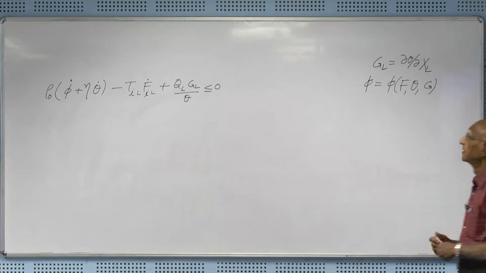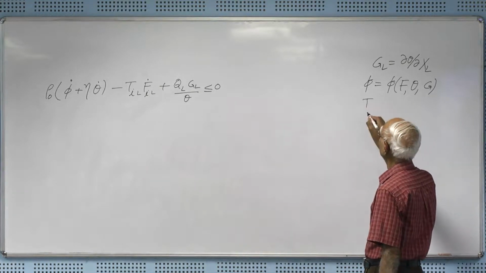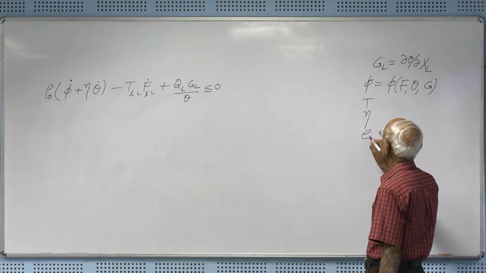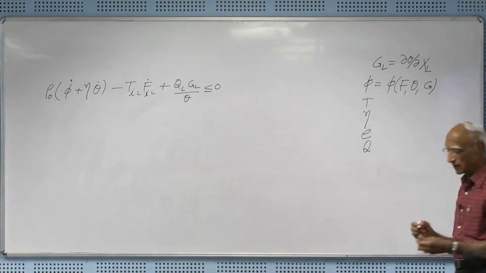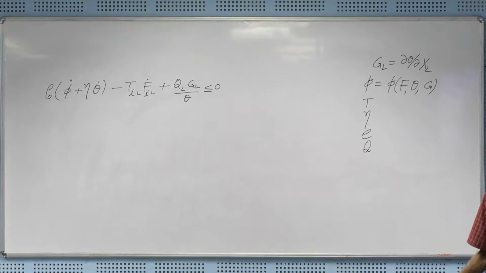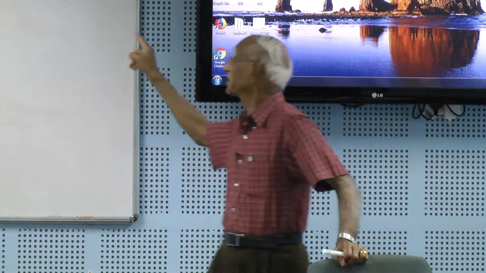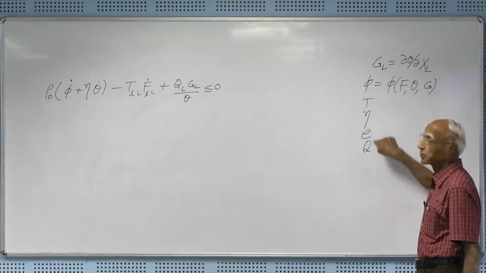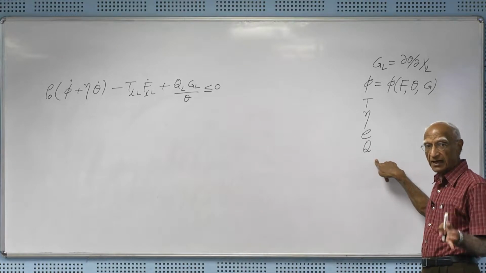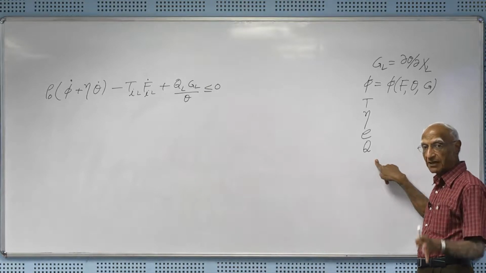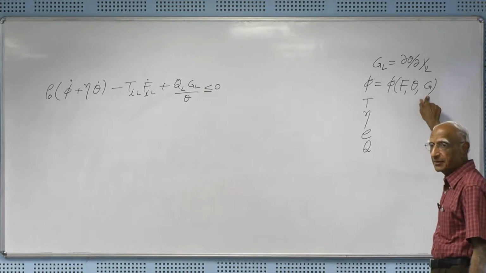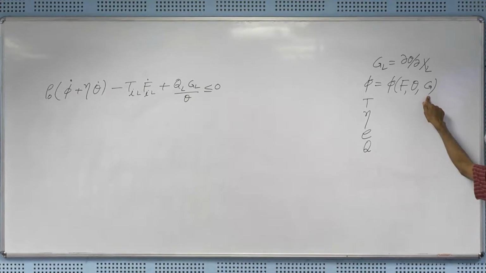So phi, T, eta, energy and Q, all of these depend upon the present values of the deformation gradient, the temperature and the temperature gradient. So for us a thermoelastic material is one for which these constitutive quantities at the material point X depend upon the values of these variables at that point X. So this is a local theory.